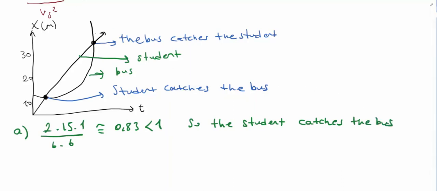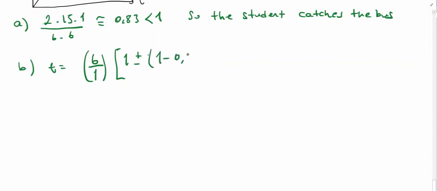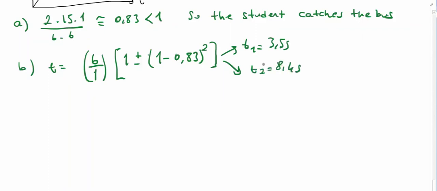Okay, and if we solve b, t is equal to 6 over 1 times parentheses 1 plus minus the square root of 1 minus 0.83, and from here we will have two roots. The first one is 3.5 seconds and the second one is 8.4 seconds.